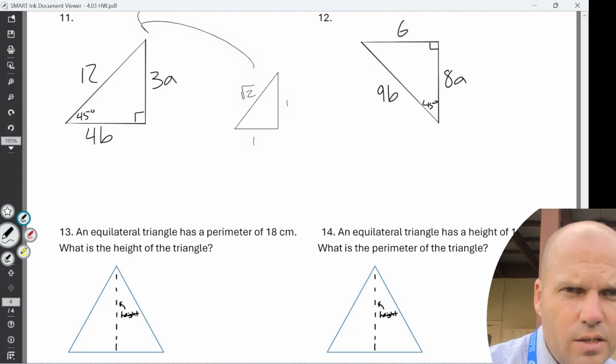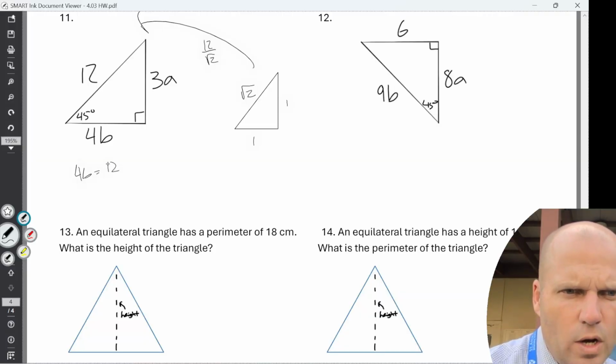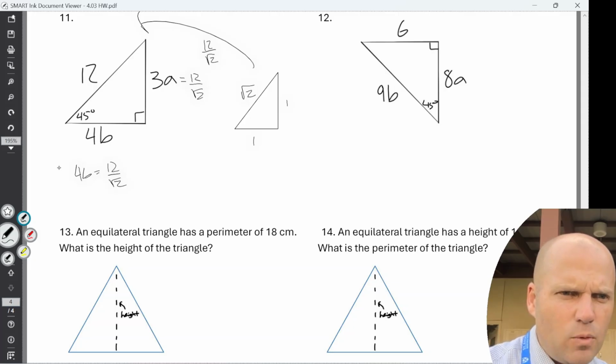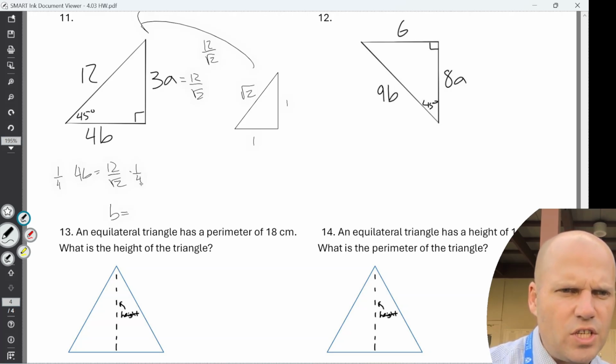Not going to be easy answers, but we could do it. So we'll have 4b equals 12 over root 2. We'll have 3a equals 12 over root 2. I will multiply by 1/4, or divide by 4. Multiplying by 1/4 is easier because I don't want a fraction inside of a fraction. 12 times 1 over root 2 times 4.